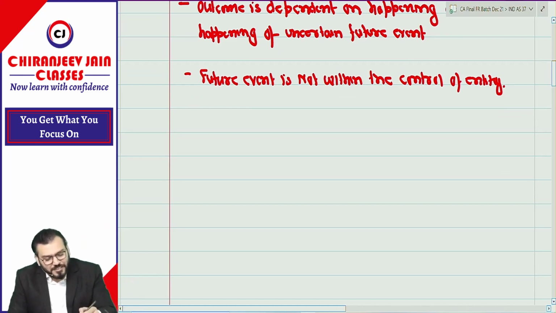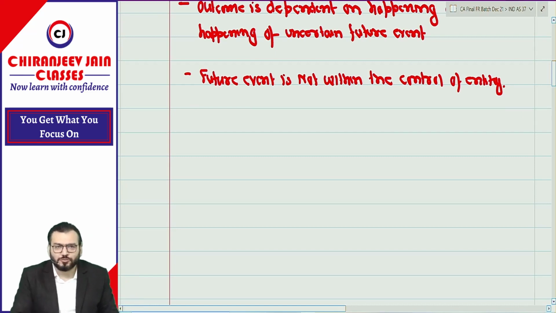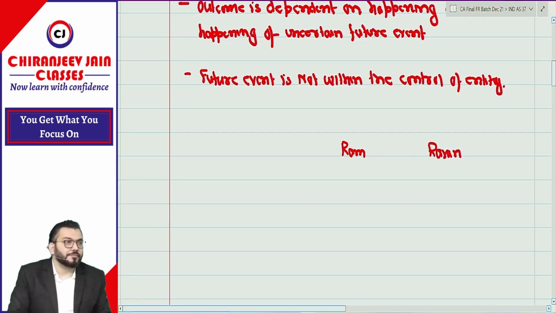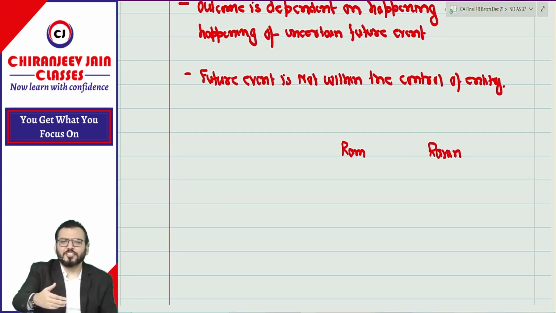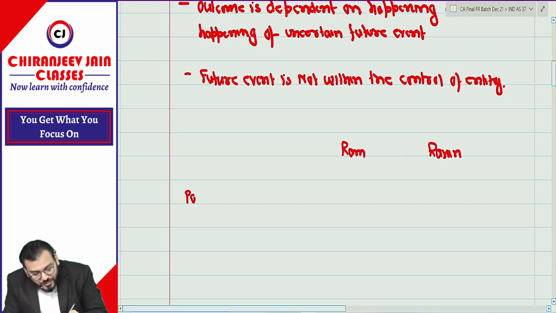Can I say some years before you passed the class 12 exam? So there were two students. One was Ram. One was Ravan. You know Ram? You know Ravan? I am just saying so you can relate with the example. And they passed which exam?